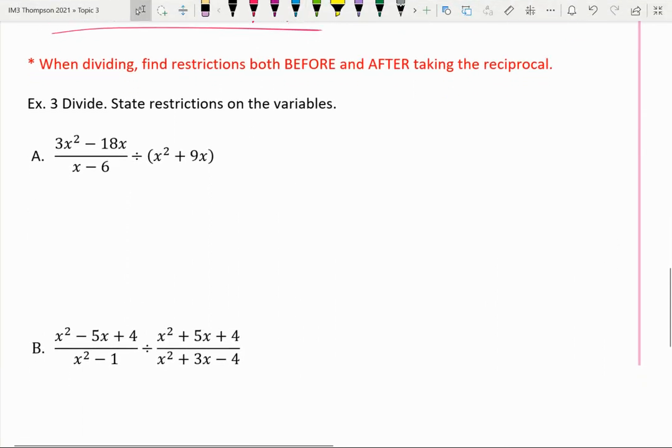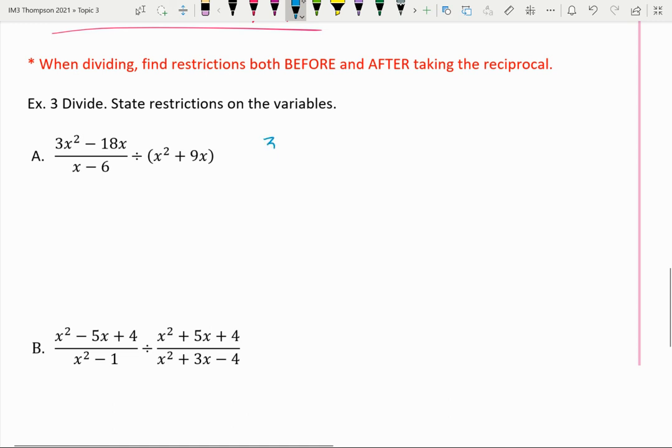Step 1, to factor. Step 1, take out a GCF. 3x squared minus 18x. Let's see.